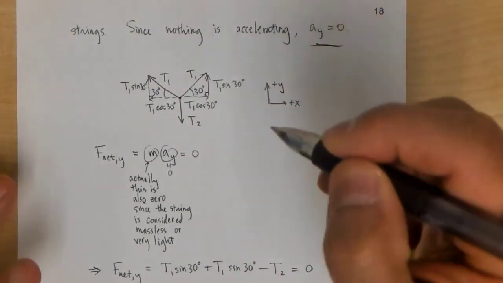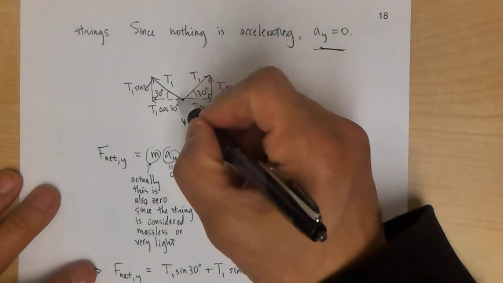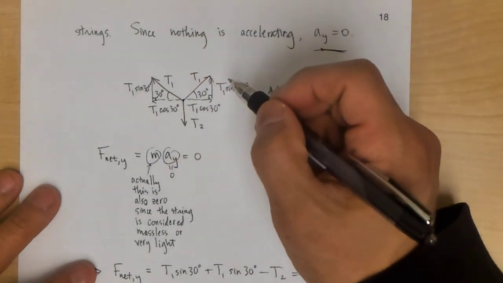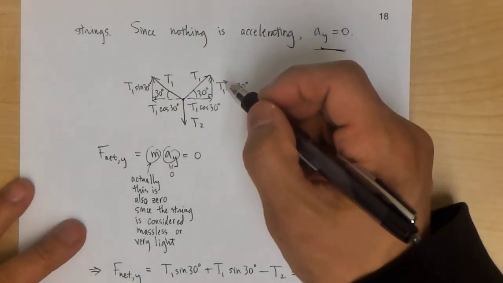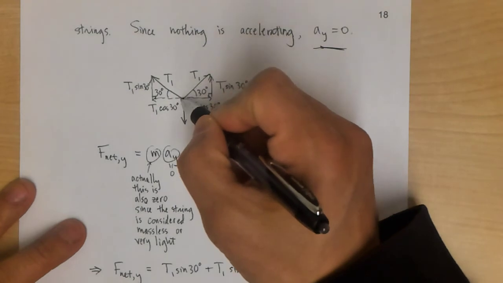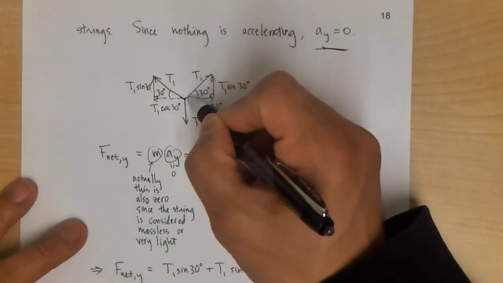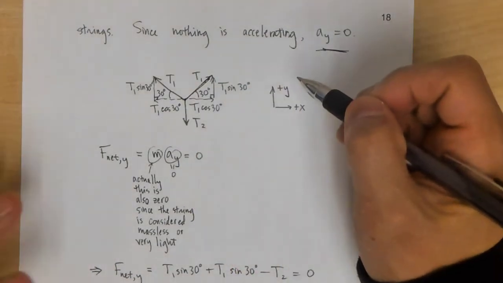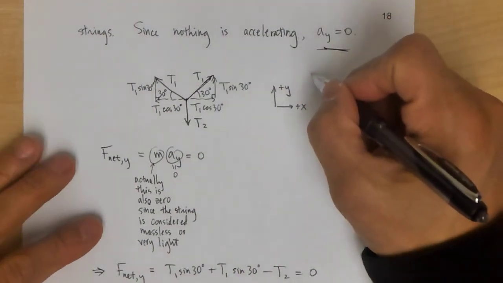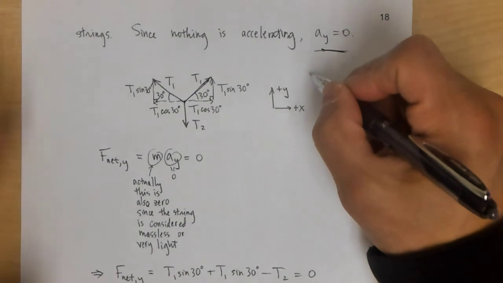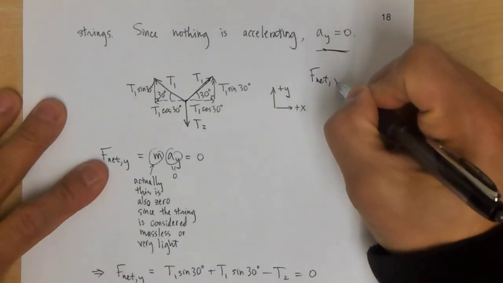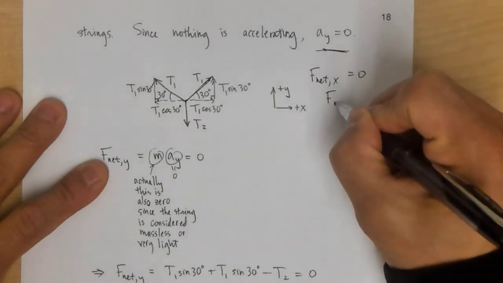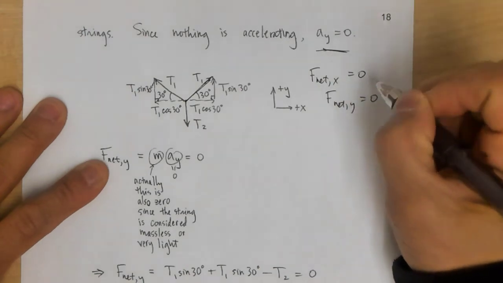The point's not moving anywhere. So the net force must be equal to 0. We have T1 going like this, T1 going like this, T2 going like this. We need both the x component to be 0 and the y component to be 0.